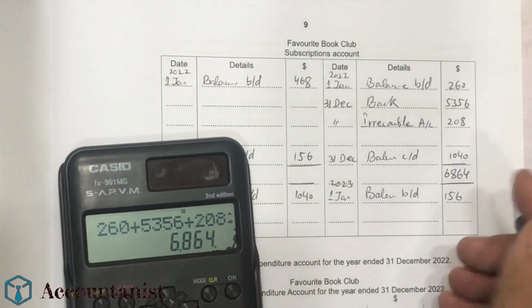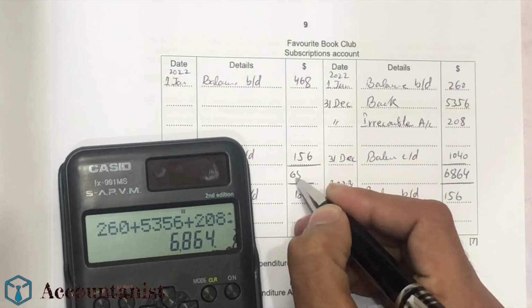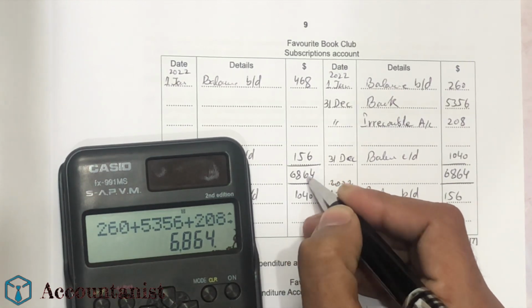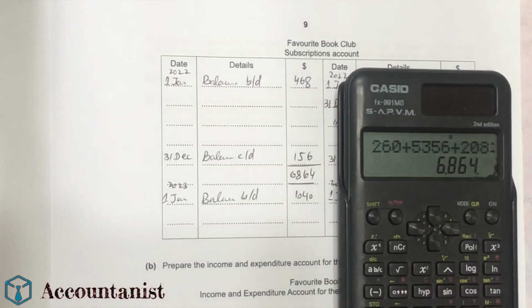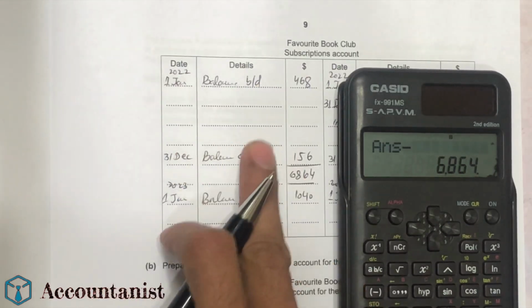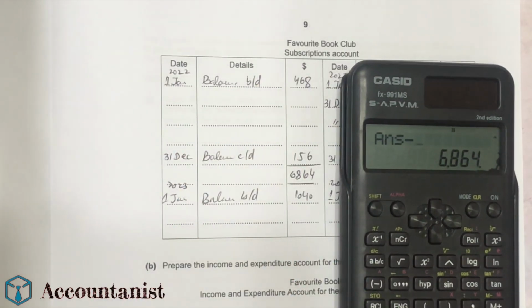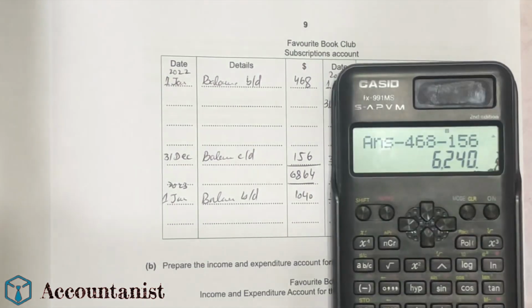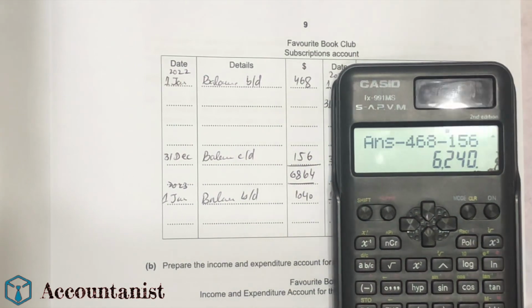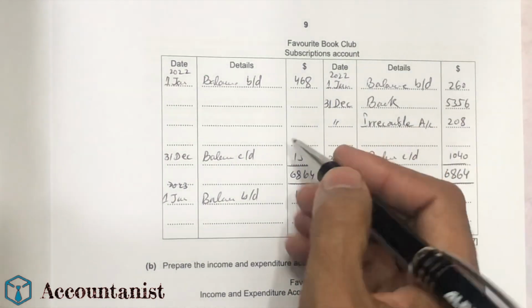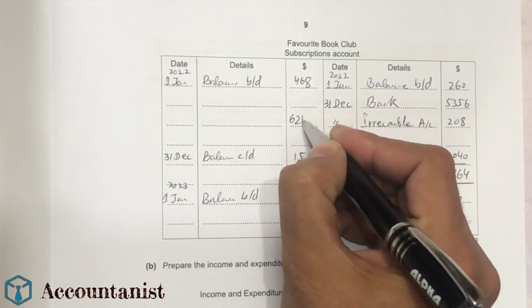So right, transfer this here, so 6864, and then we are going to deduct these two balances, balance BD and balance CD. So 468 less 468 less 156, which gives a total of 6240. So 6240 will be written down here.